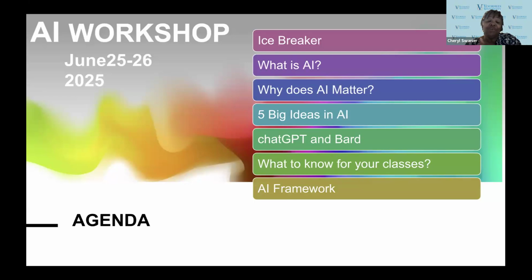We're also going to talk about different tools that you can use as an educator to be more productive, so that you don't spend a lot of time on creating lesson plans and other things. The last thing we're going to focus on is the AI framework.